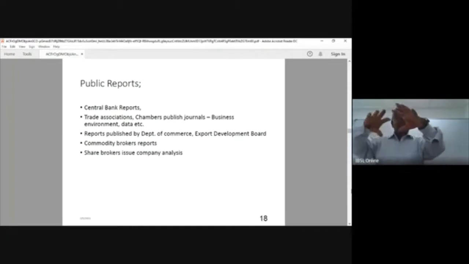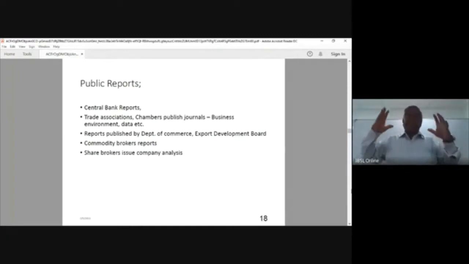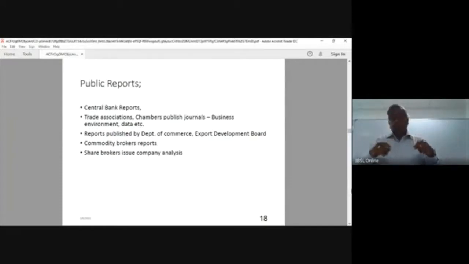I think the provincial or district chambers may not prepare reports, but they have the data. They don't publish any report, but the Colombo Chamber of Commerce publishes journals and reports. They have a lot of business environment data.